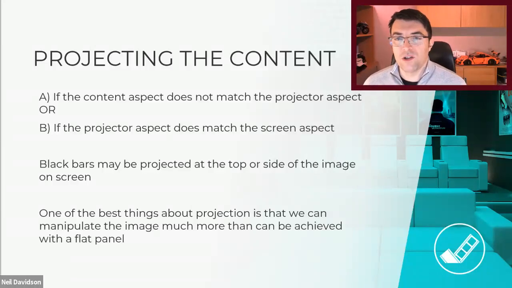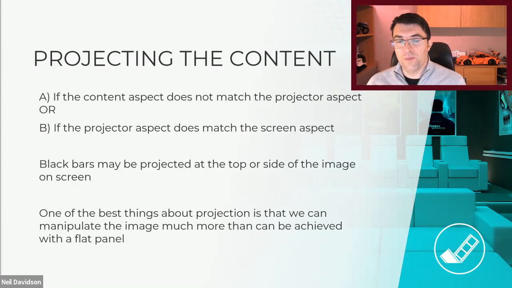So here we discuss projecting the content. If the content aspect does not match the projector aspect, or if the projector aspect does not match the screen aspect, you may get black bars projected at the top or at the side, or both if you're unlucky, of the image on the screen.